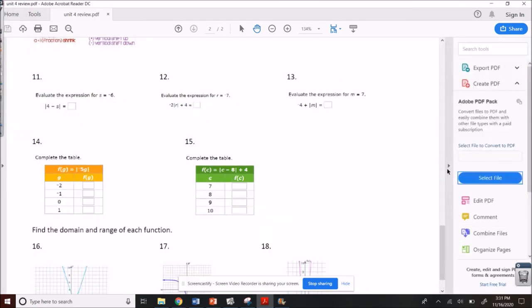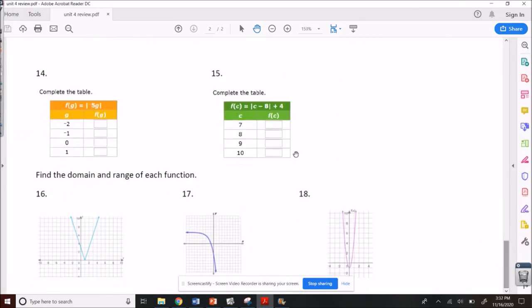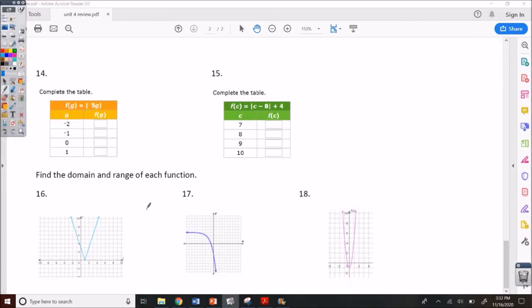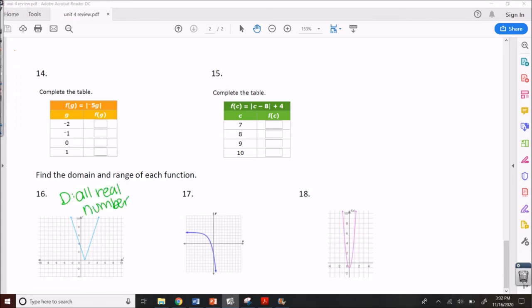Okay. Last section. It says find the domain and range of each function. So we already know that the domain is all real numbers for all of these continuous functions.